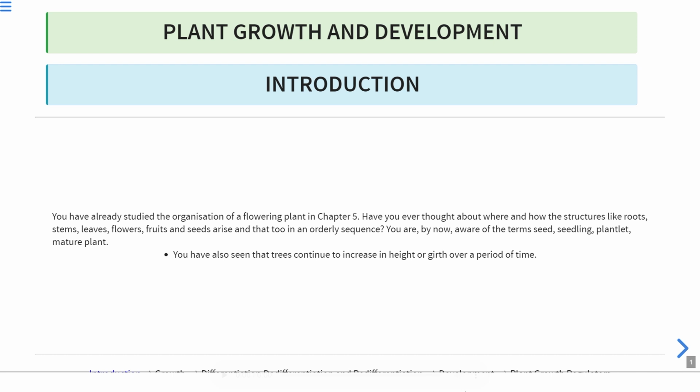When you soak this seed in water, what happens? Due to the warmth and the water availability, the seed germinates. When it germinates, first of all it gives rise to the radicle, and then the plumule comes out. That forms the seedling.